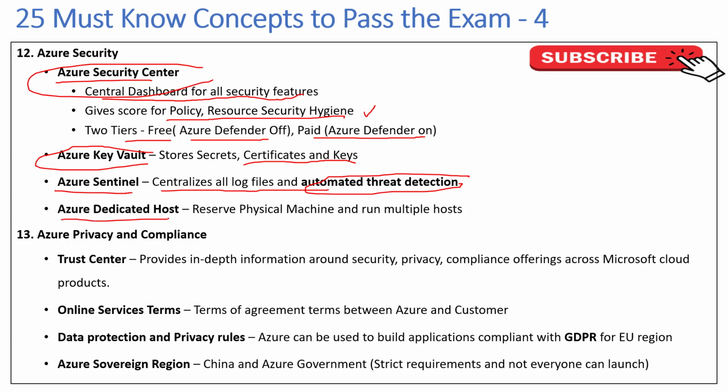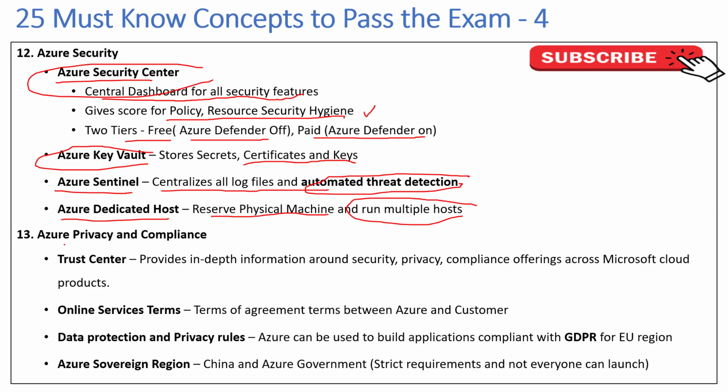Then Azure Dedicated Host: if for some reason you require a physical machine dedicated to your account or customer, then you can use Azure Dedicated Host. You can run multiple virtual machines on this physical server that is dedicated to you, and that could be due to licensing agreements or privacy and security reasons.